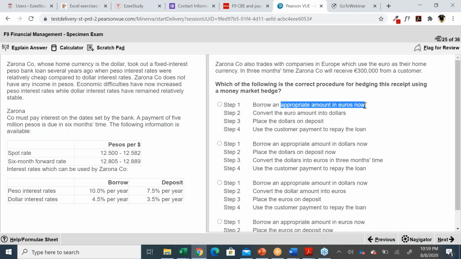Now let me give you a hint. This first step and last step should match with each other. It should be a flow, right? So use the customer payment to repay the loan. It will only be possible if you have borrowed here.